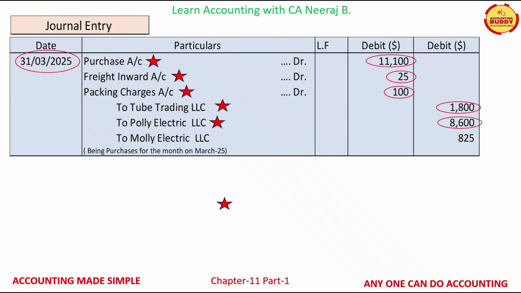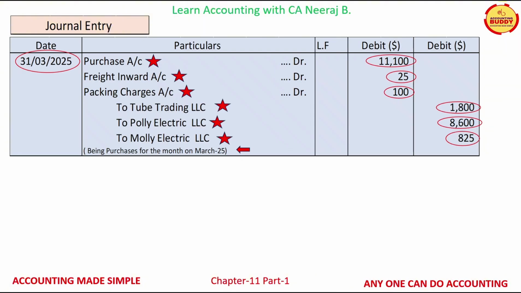And Molly Electric LLC account is credited with $825 being the sum total of the value of the goods of $800 and $25 for freight charges. Narration of the transaction is also written, which in this illustration is being the purchase for the month of March 25.